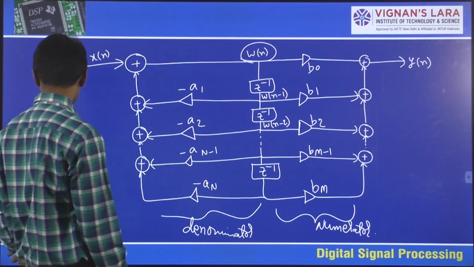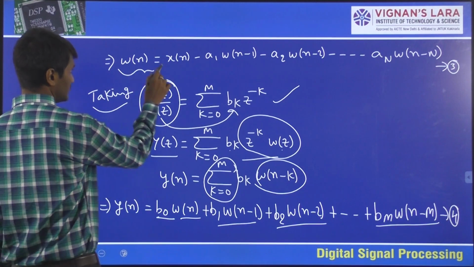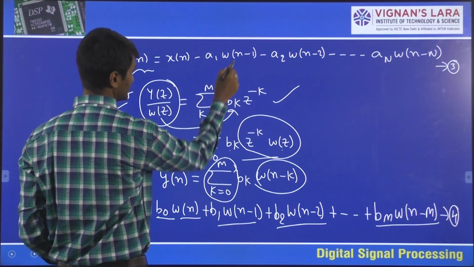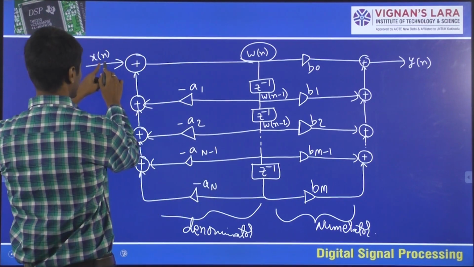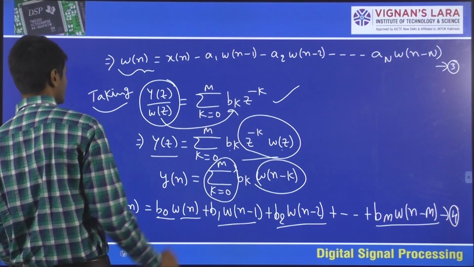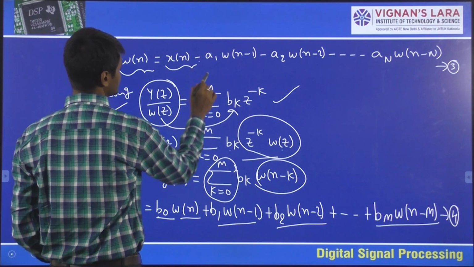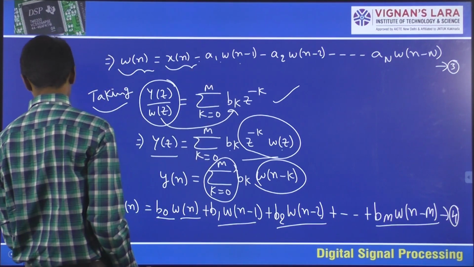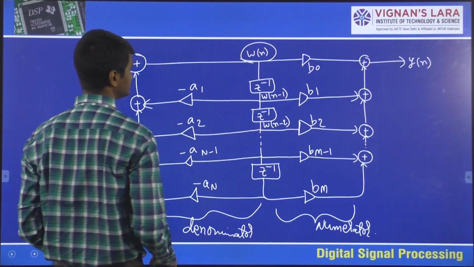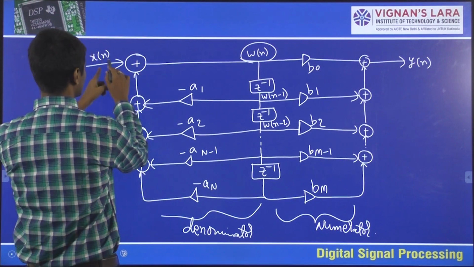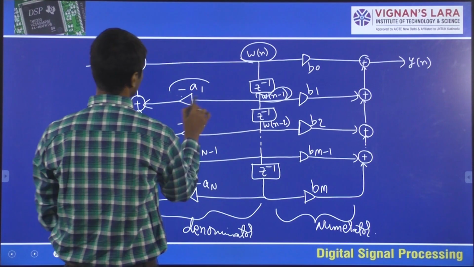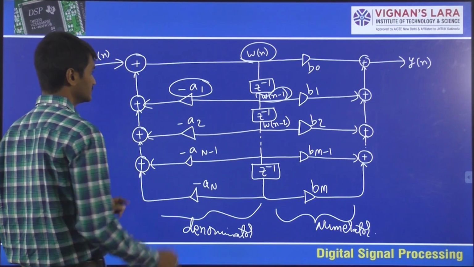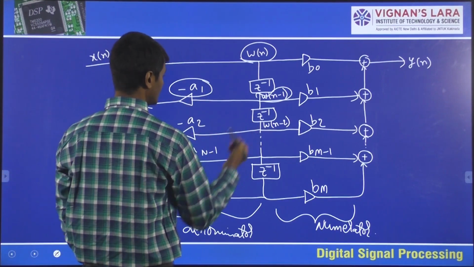If you compare this, w of n is equal to x of n minus a1 w of n minus 1. See, w of n is equal to x of n plus w of n minus 1 into minus a1, and like that, minus a2 into w of n minus 2.